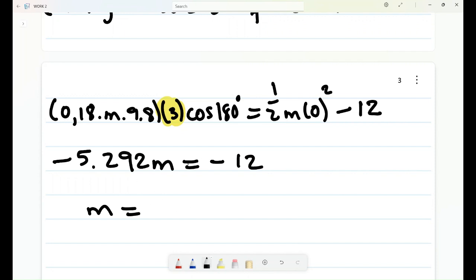I thought this answer was going to give us negative, but I just realized it is negative here and negative there. So it's going to be 12 divided by 5.292, which gives us 2.2675, but to 2 decimals is 2.27. 2.27 what? Remember, this is physical science.